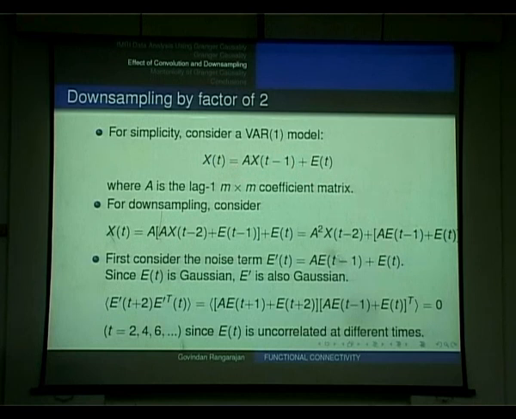Now I iterate this: using the same expression again for t minus 1, I can write x of t minus 1 as a times x of t minus 2 plus e of t minus 1, and I do this and I finally get this expression. If I do this mathematics, it turns out that this e prime, which is this term, a e of t minus 1 plus e of t, is again a Gaussian process.